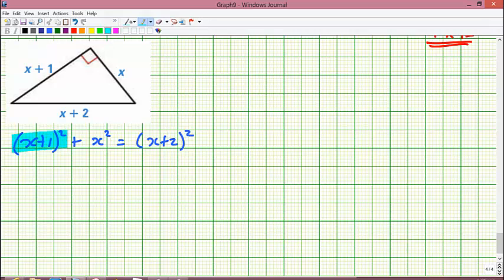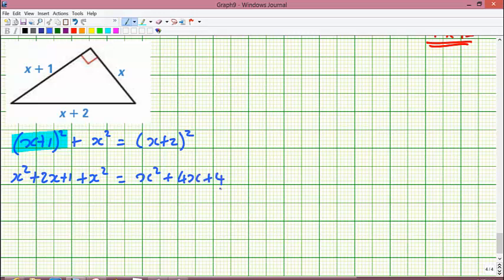X plus 1 squared will simplify to x squared plus 2x plus 1. Then we add the x squared. X plus 2 squared simplifies to x squared plus 4x plus 4.